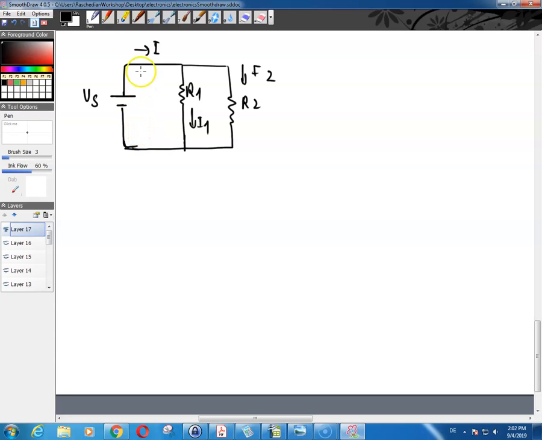And suppose that your I is equal to 2 amps, your R1 is equal to 10 ohms, and your R2 is equal to 30 ohms.